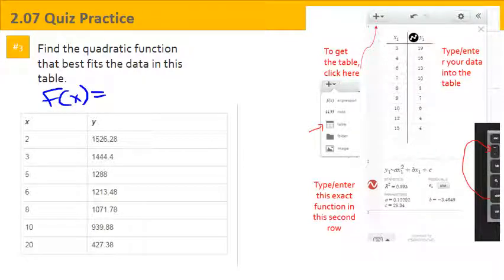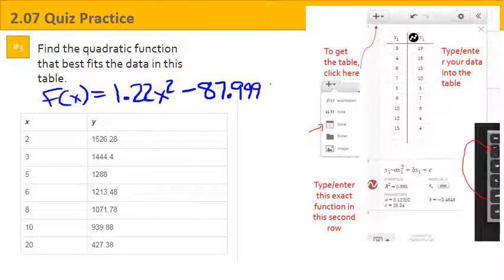So it's f of x equals 1.22 x squared minus 87.9995x plus c, and your c is 1697.38. Okay? So that is your quadratic regression formula or function that best fits this data.